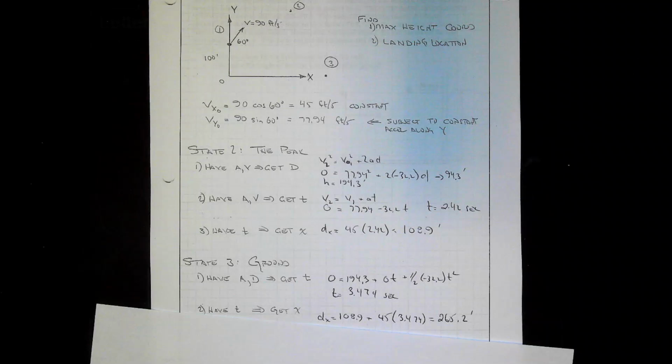So the coordinates: height 0, we're on the ground, x 265.2. Done. I ask you, is this hard? The grading results were almost like grading in binary. It was really, really bad. That's all for this one. We'll have another in a moment.